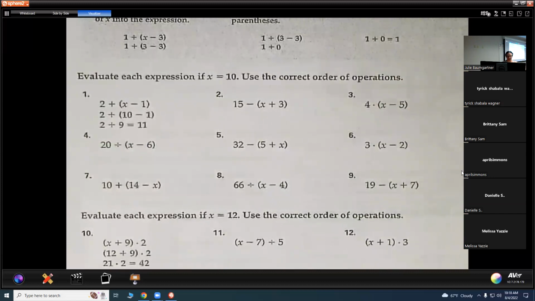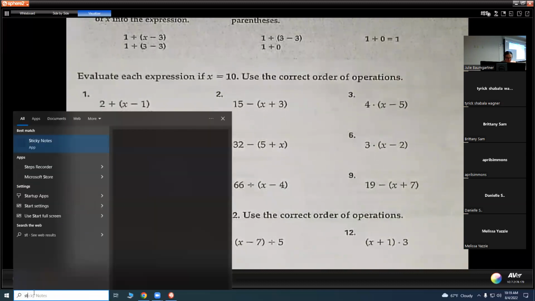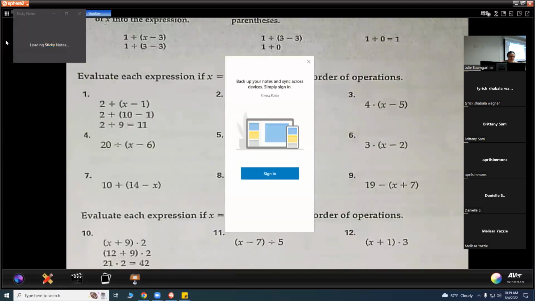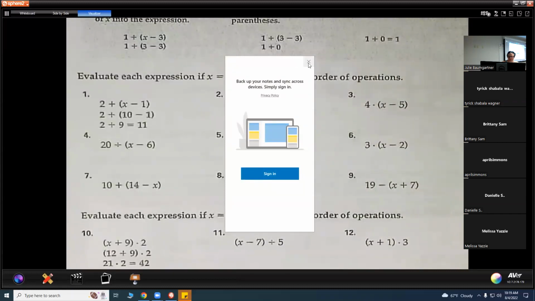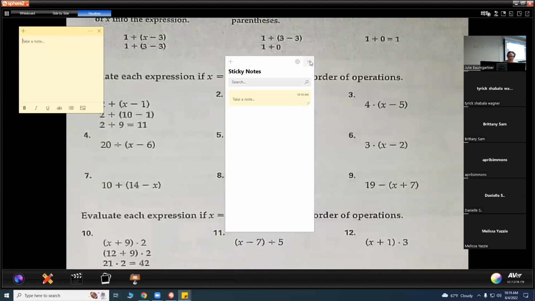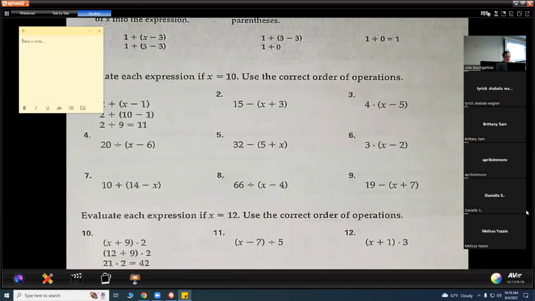First, we substitute 10 where the x is, okay?